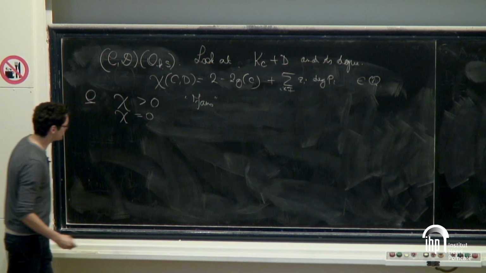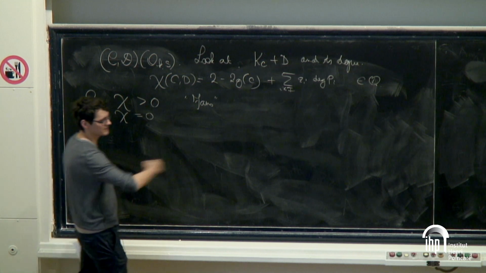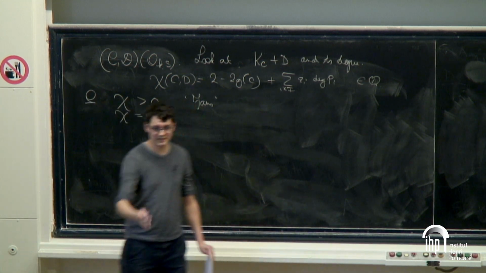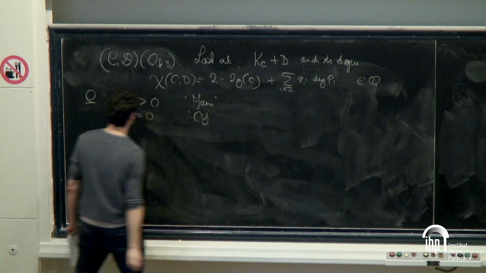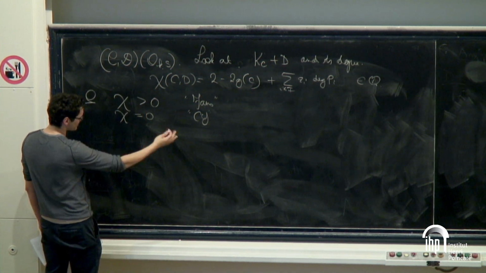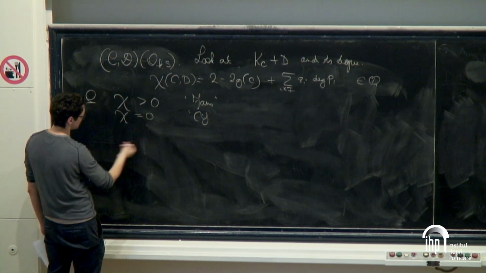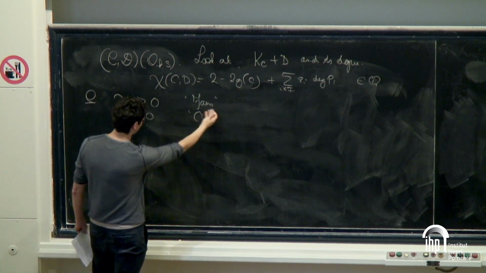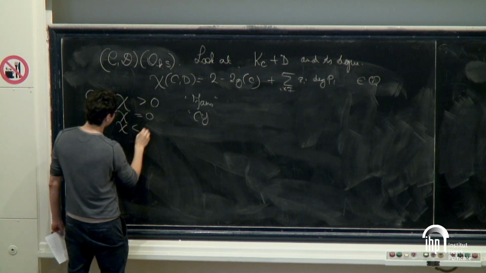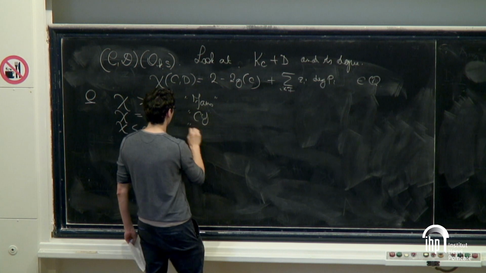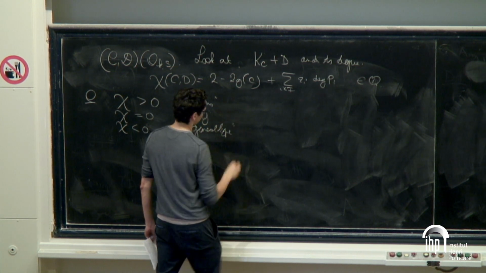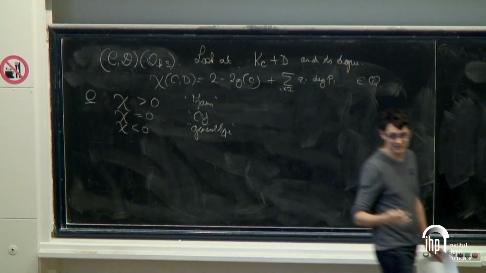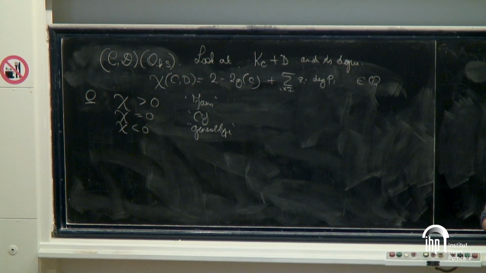If chi is equal to 0, then you're in this somewhat intermediate case, like Calabi-Yau or an elliptic curve, something approximating an elliptic curve. So you should expect to see some points, but maybe not as many as in the Fano case. And if chi is negative, then you're in the general type range, so you should expect to see only finitely many of these points.